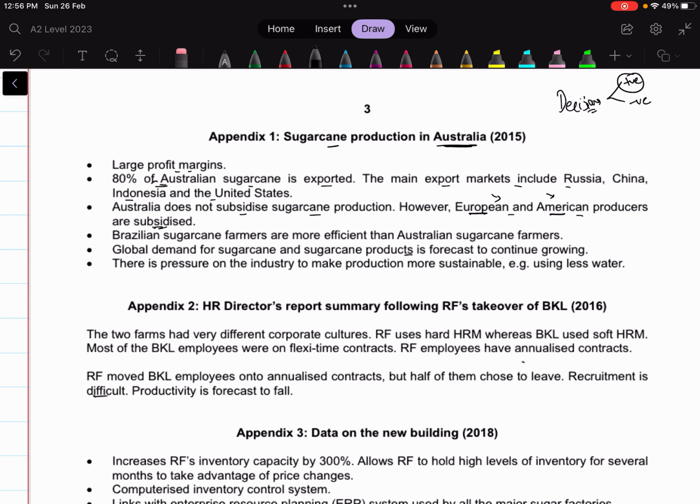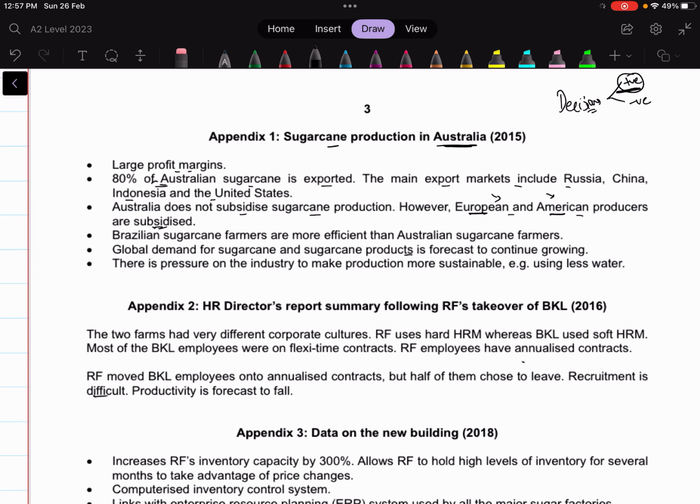So since you were not being subsidized by the government, it was necessary for you to drive down your cost on your own so that you can achieve international competitiveness. And considering the fact that you do not get any benefit from the government, it would have been a more sustainable way to become self-sufficient. So yes, this particular data can be linked with the first part of decisions being successful.